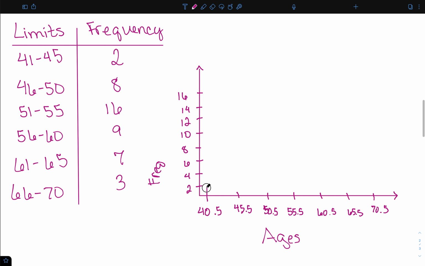So our first class has a frequency of 2, so we'll draw a bar at a height of 2. The next one has a frequency of 8. The third one will go up to 16. The next one will have a height of 9.